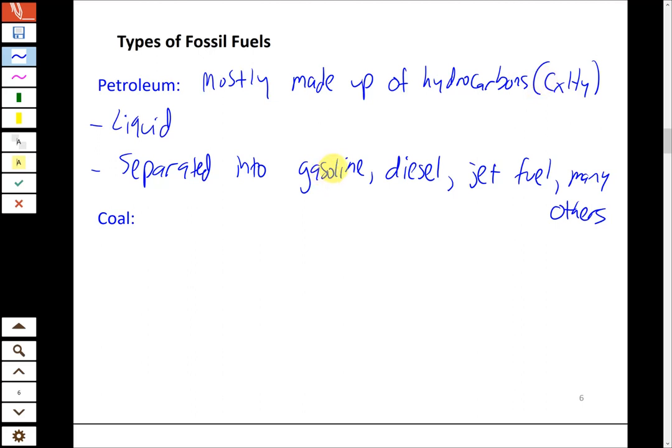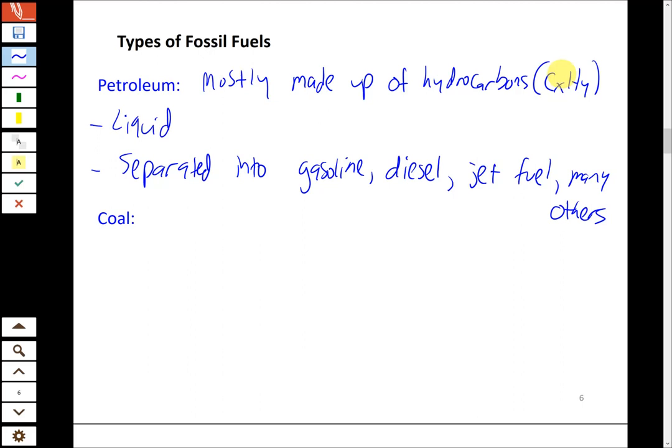But gasoline is, on average, around 8 carbon atoms. So you've heard of octane that we talked about last time. It's a major component. And gasoline has 8 carbon atoms in the chain. Diesel is a little bit heavier, so usually like 10 to 12. And then jet fuel is probably even heavier than that. So those are more carbon atoms in the chain. So those are the differences between gasoline, diesel, and jet fuel. And they're all separated out from crude oil, petroleum, that we dig out of the ground.